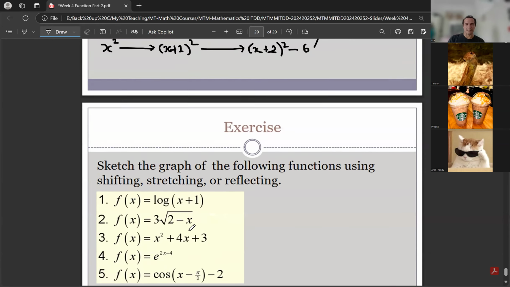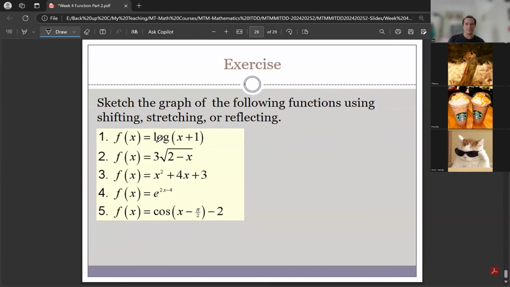Okay, this is the last slide. We can say this function, the original should be log x, logarithmic x, and then by this original we have log x plus 1, and you must know what happened with this transformation.